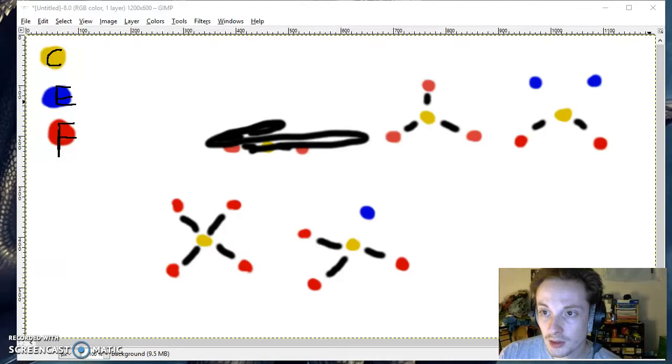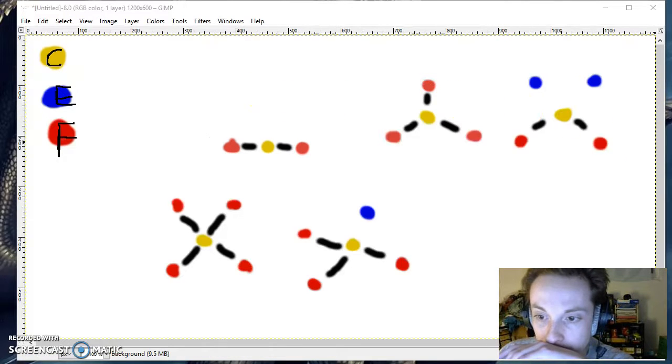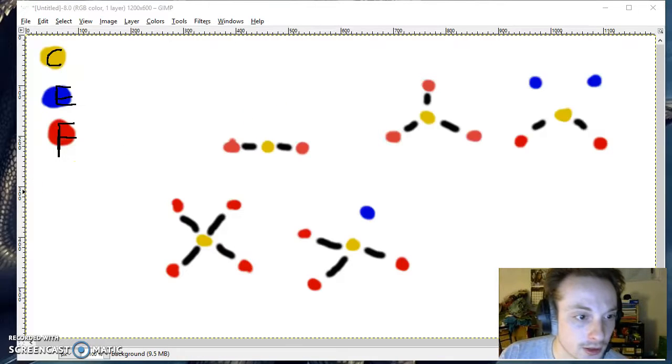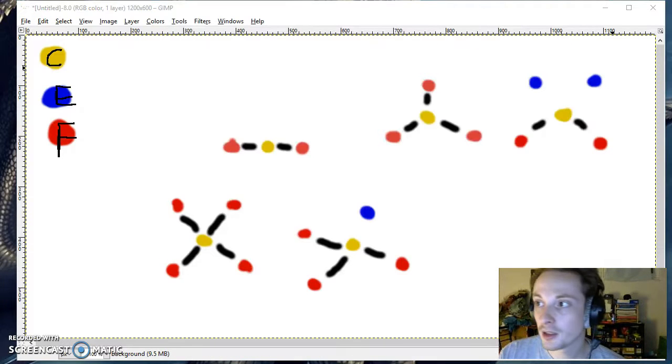Well, we're going to undo that. Why won't it erase? That is really strange. Okay, well, I guess I can just make a new file then.